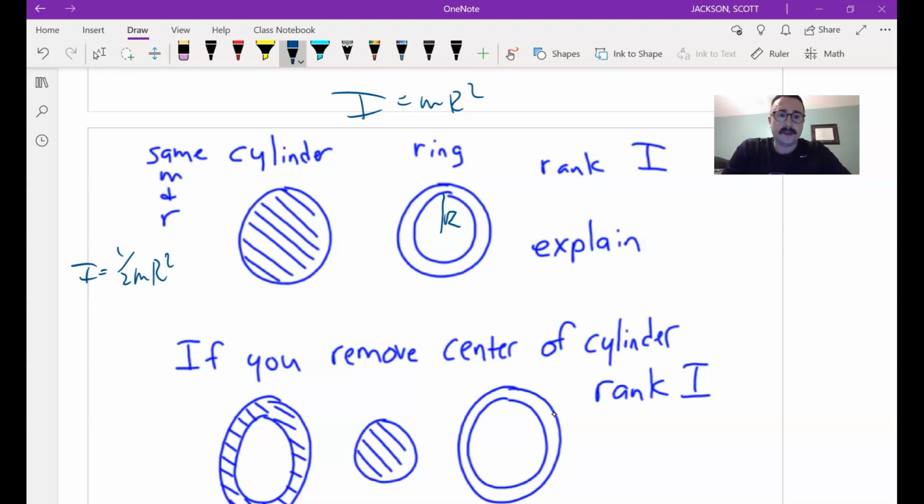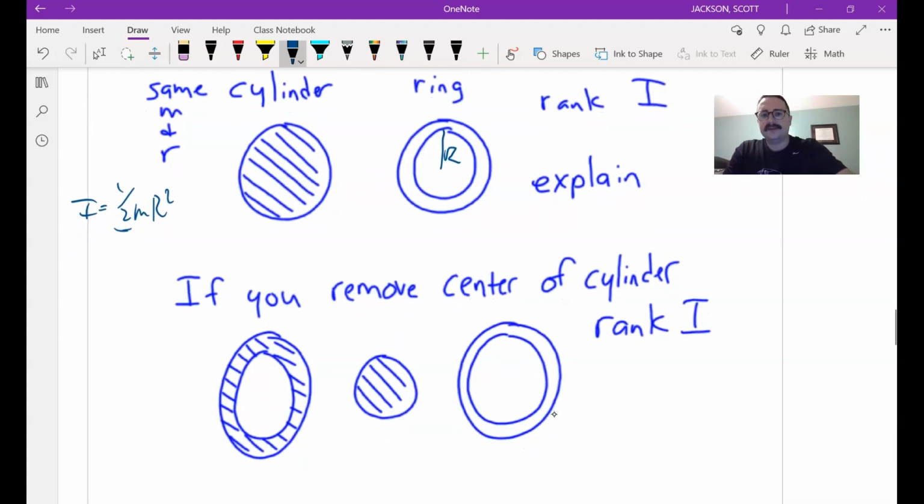Or you could say what percentage of the mass is at the radius. So for a cylinder, only half of the mass acts at the radius, is how that could be looked at. So again, this one has all the mass at this radius, so it's farther away from the axis of rotation, where this only has some.